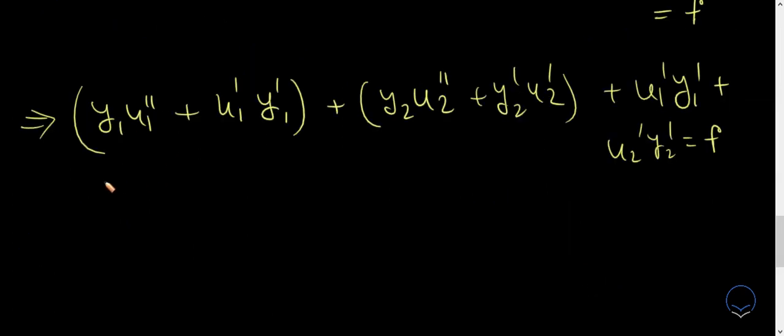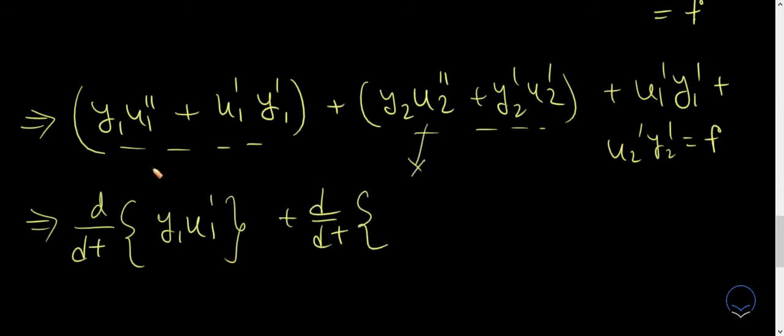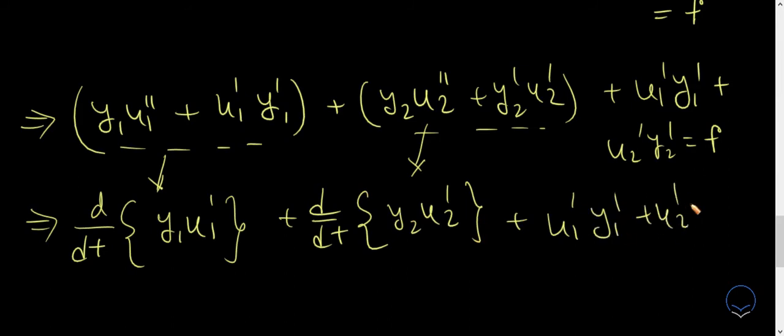Now what I can do is write this term and this term as the following. Let's say d/dt of y1 u1 prime, this part, and d/dt of y2 u2 prime, that is coming from here, and again you will have your u1 prime y1 prime plus u2 prime y2 prime equal to f.